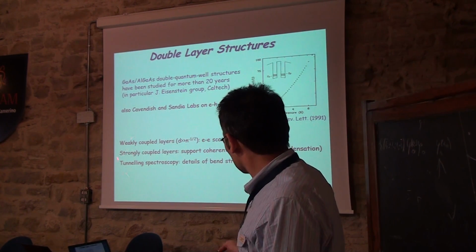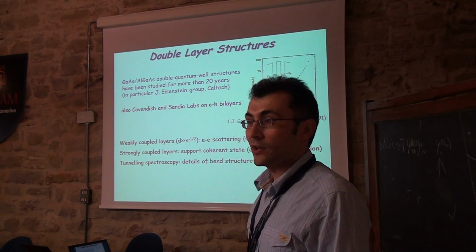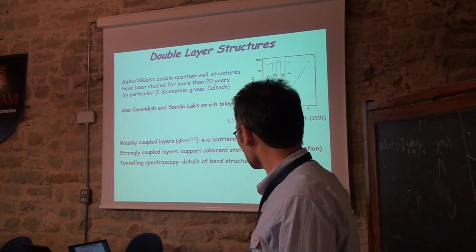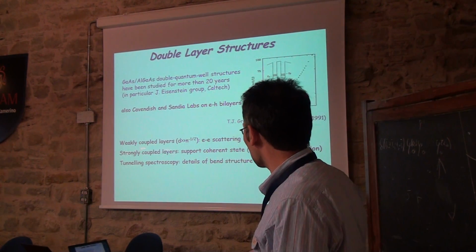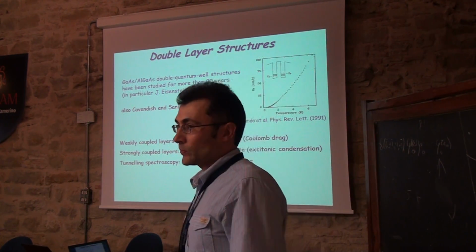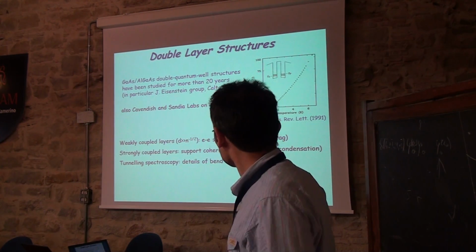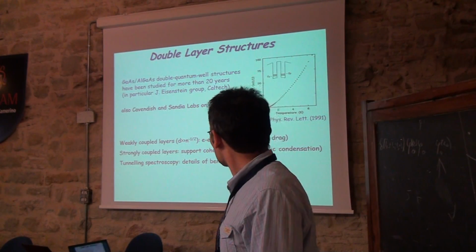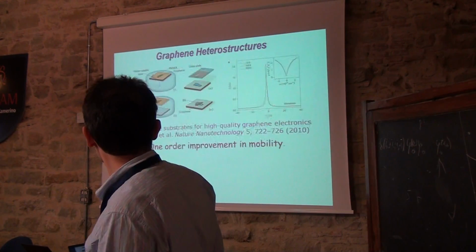So we would really like to see this in our double-layer graphene devices. We're not quite there yet, obviously. And then tunneling spectroscopy is also very interesting because it gives us some details of the electron gases that we are studying.